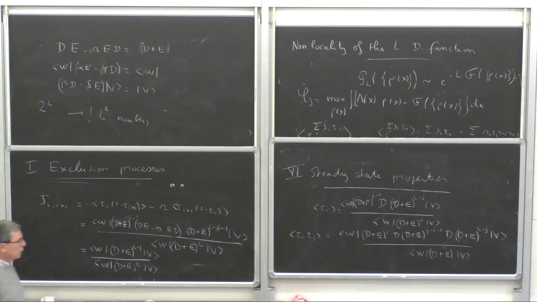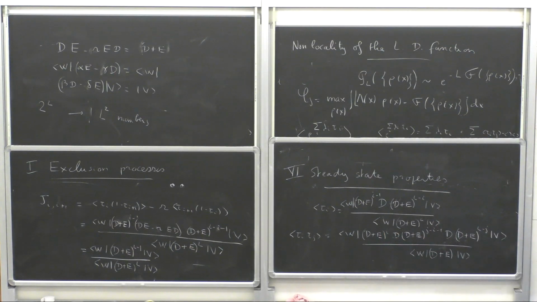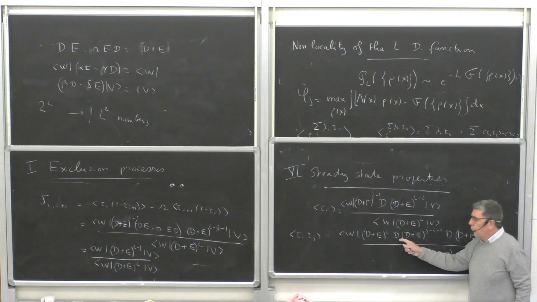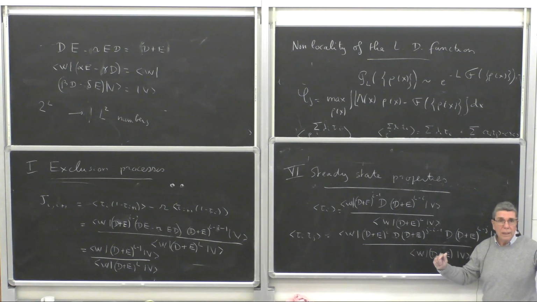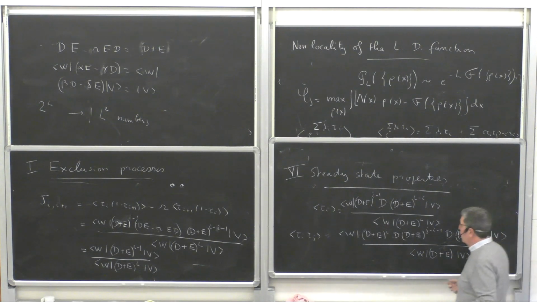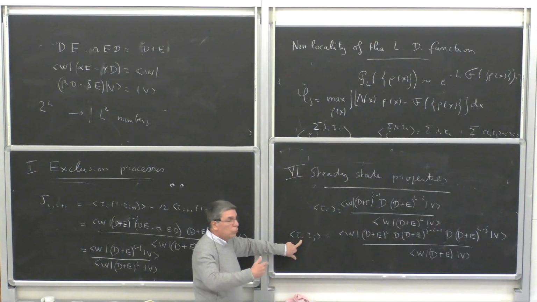I can compute correlations. Now, you remember maybe when we computed the correlations for the SEP, we found that the correlation was linear in I and linear in J. When it's linear, this means that if I take the difference between I and I plus 1, it does not depend on I. Now imagine that I try to change this I by 1, from I to I plus 1.